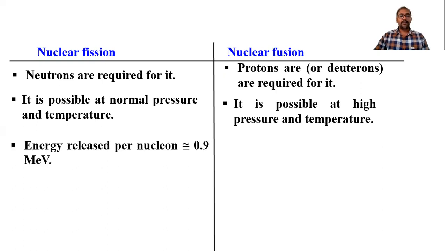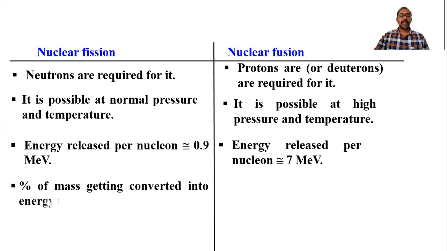Energy released per nucleon in nuclear fission is 0.9 mega electron volt, but in nuclear fusion it is very large, about 6 or about 7 mega electron volt. The percentage of mass converted into energy in nuclear fission is only about 0.1%.